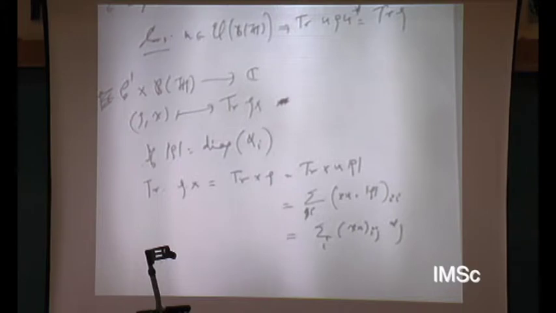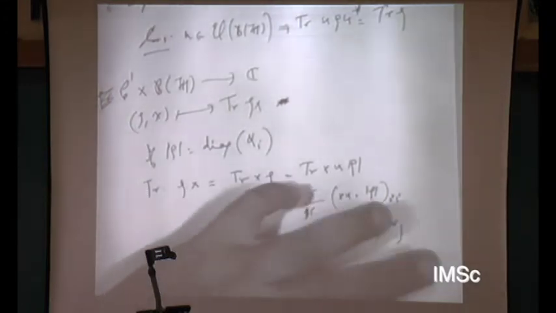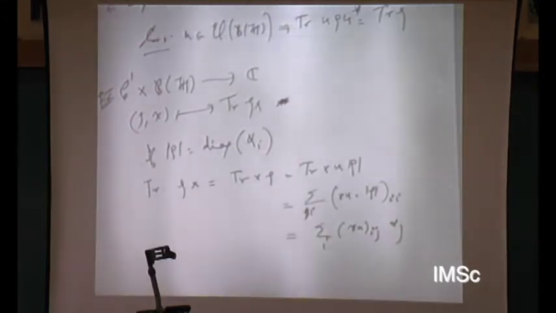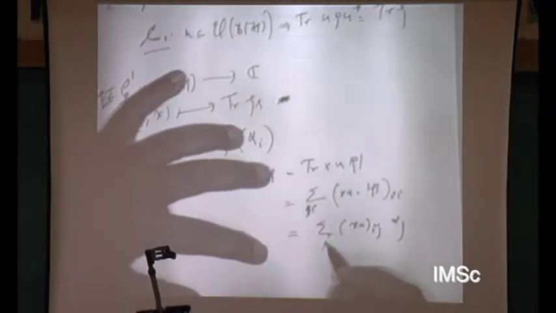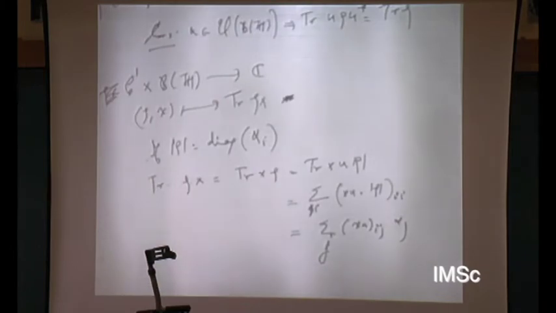So multiplying the matrix xu with the diagonal matrix alpha, the jj entry of this is going to be xu ij times alpha j.